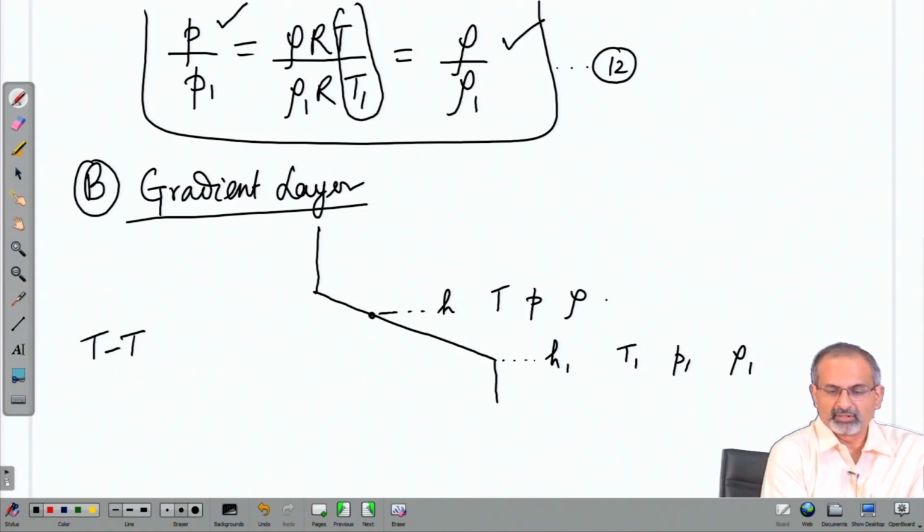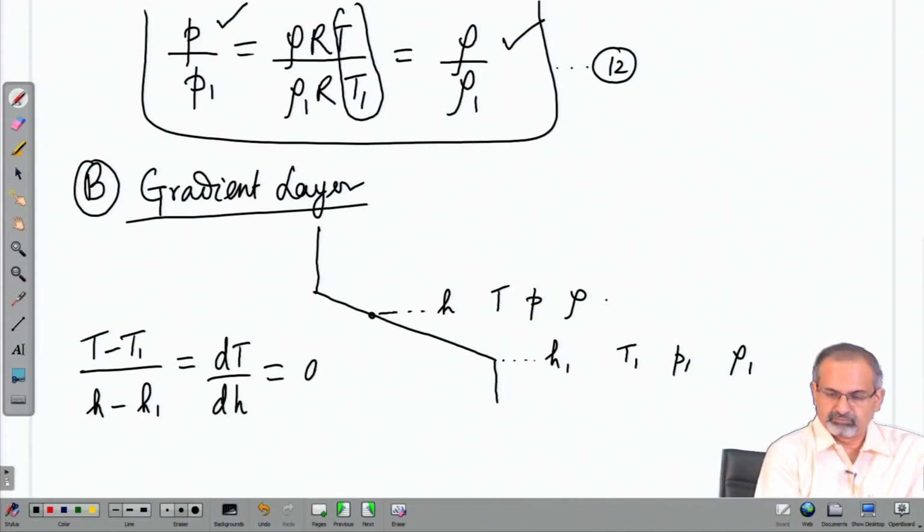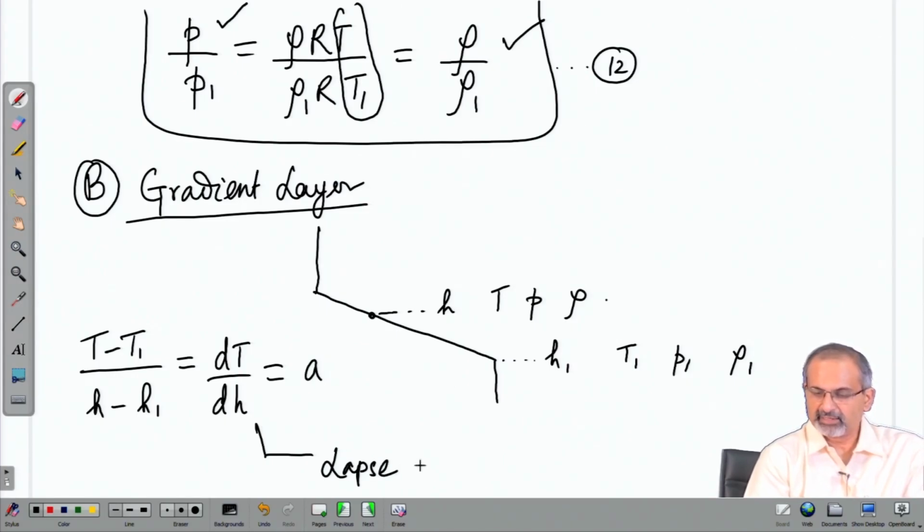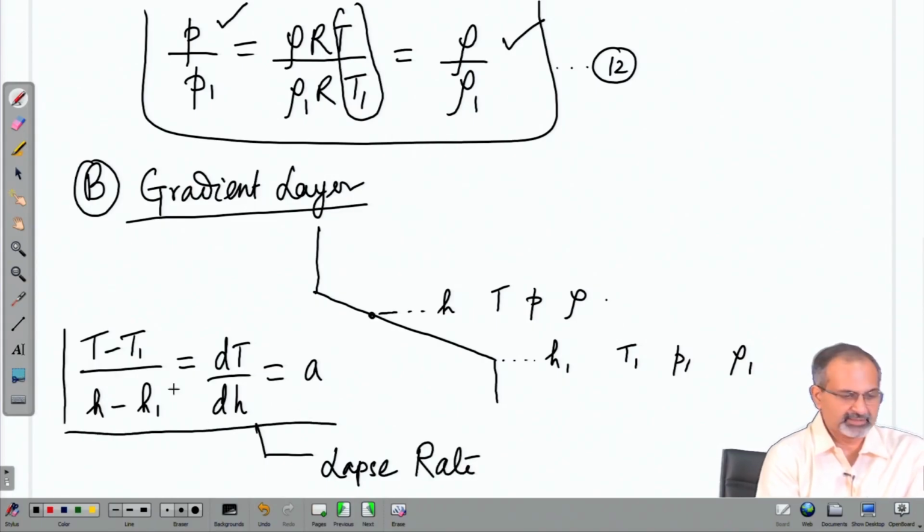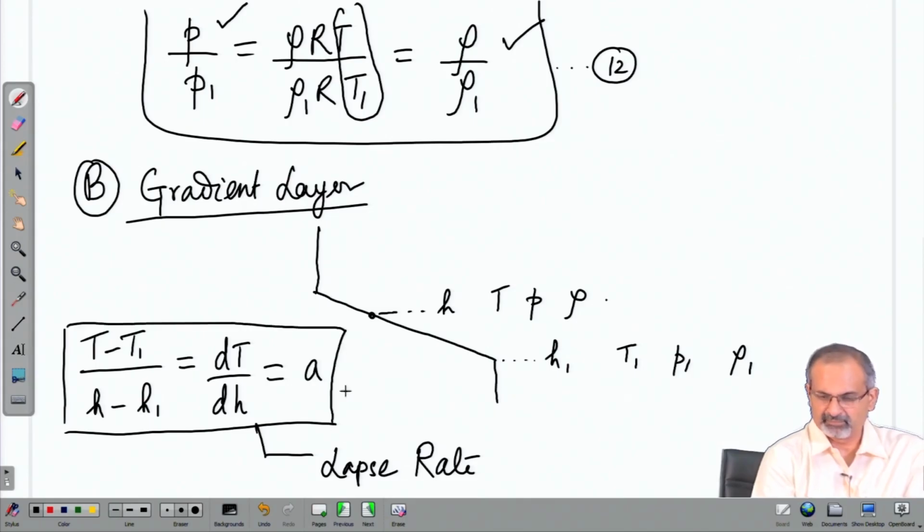So, the temperature variation between these 2 points can be worked out like this. It gives you the temperature gradient, which is called the lapse rate. Let us define this as another equation. This is important for the gradient region.